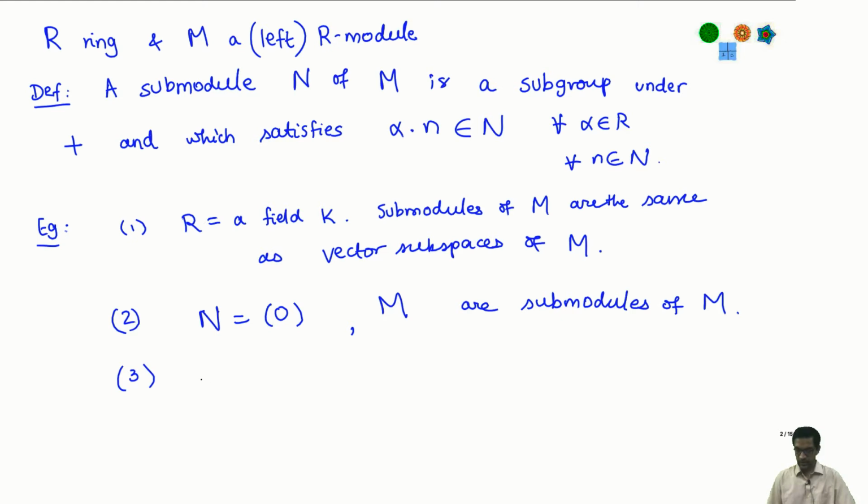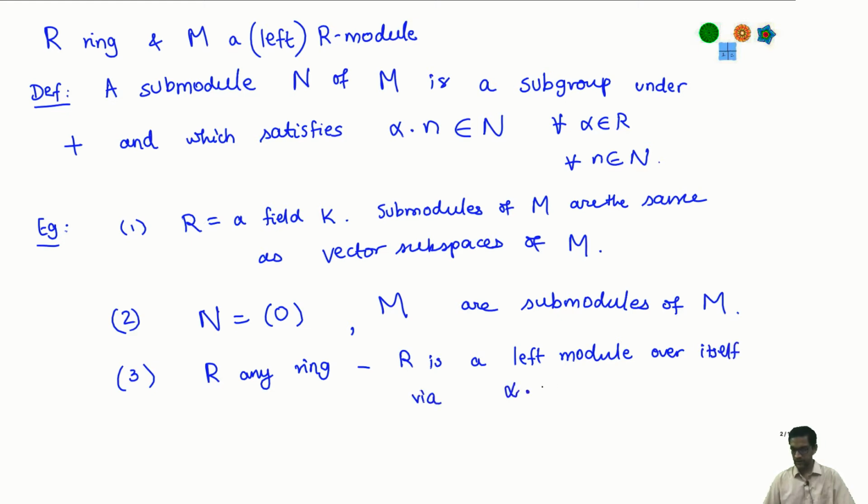Let's take another example. Recall that last time we spoke about a ring R. If R is any ring, then R is a left module over itself by the left multiplication operation, via the following action: alpha acting on x is just alpha x for all alpha in the ring R. I think of alpha as scalars, and x from the ring R again, that's the module.